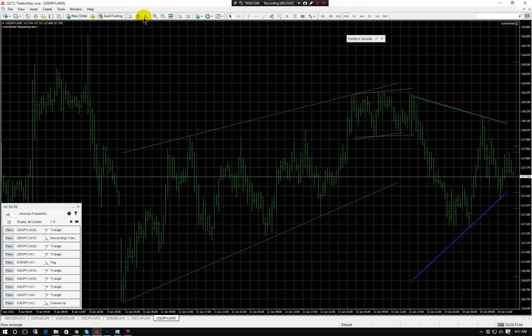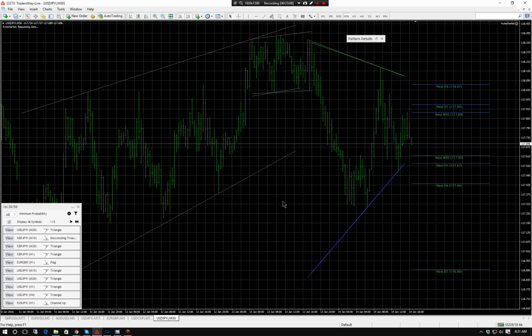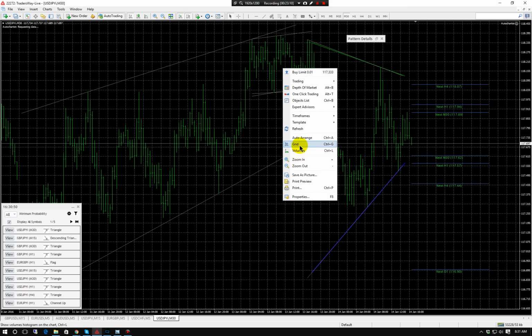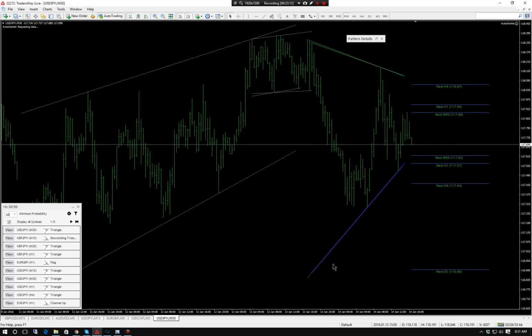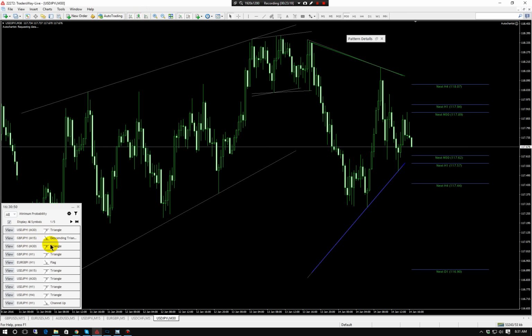Hopefully in the future it supports a little bit more filtering, that would be awesome, but right now it does not support much filtering. What it gives you is, it's saying that price is going to move up. Let's switch it to a line chart. It's saying price might move up.